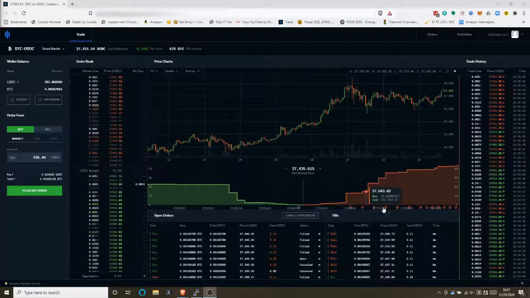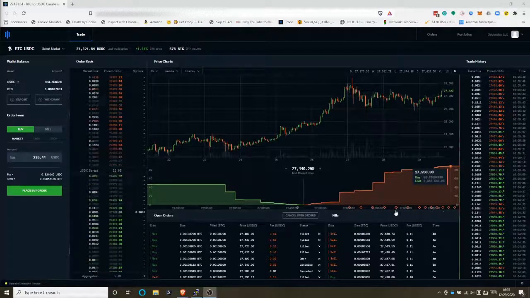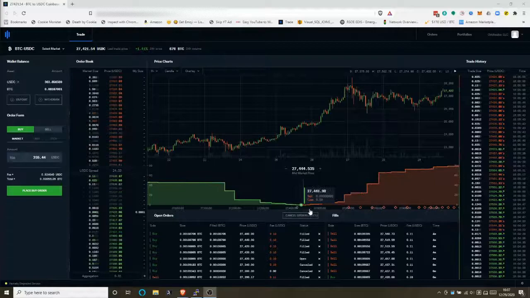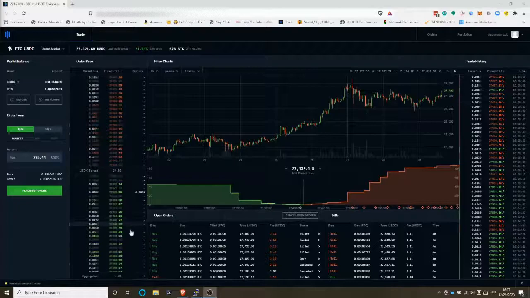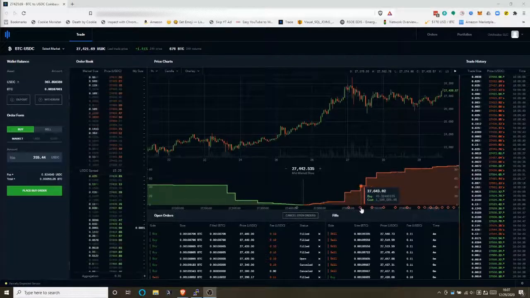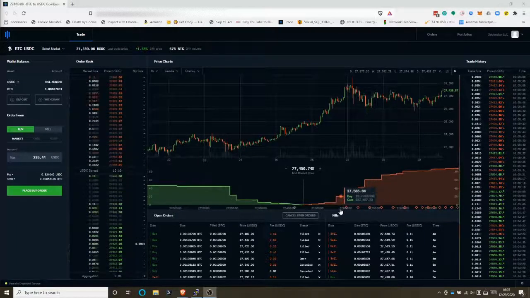Here are all the sell orders that I have. They're kind of like ants marching towards the center there. And then this is a buy order that I have open. I guess if the price goes down another 20 bucks or so, you'll see more buy orders being opened. So there's stuff going on. Let's see what else.